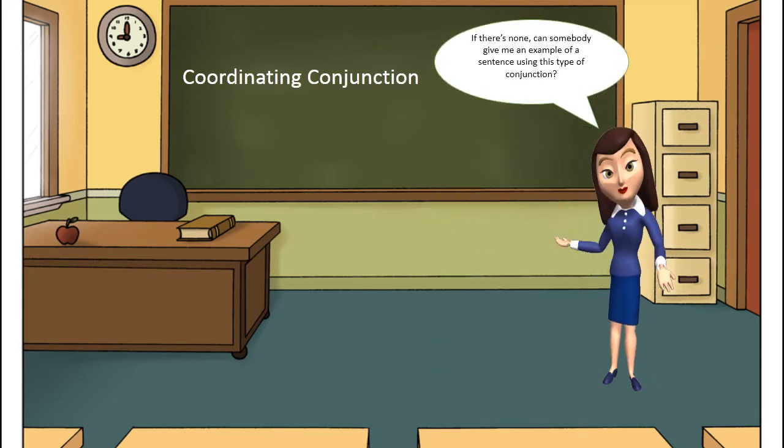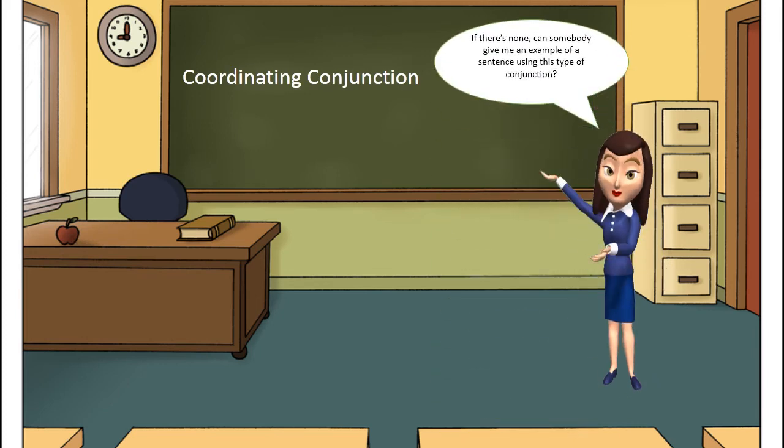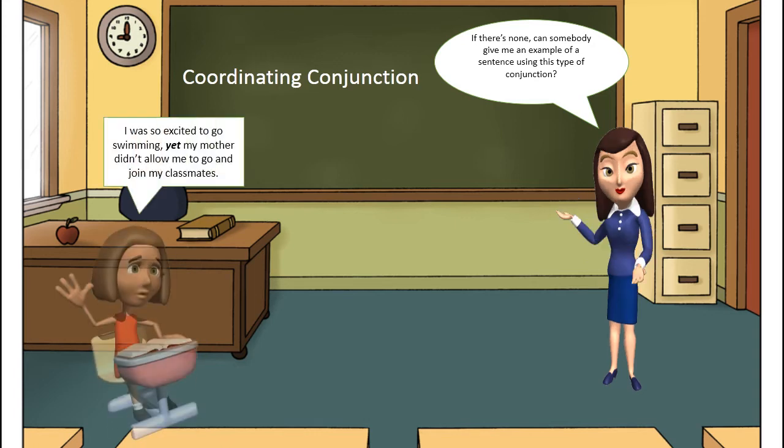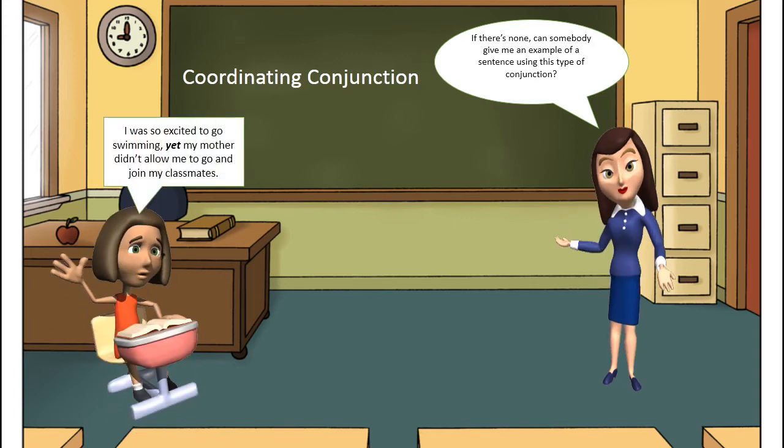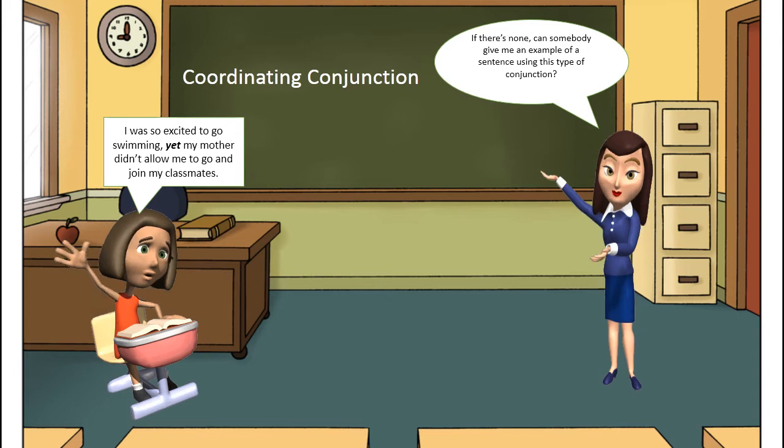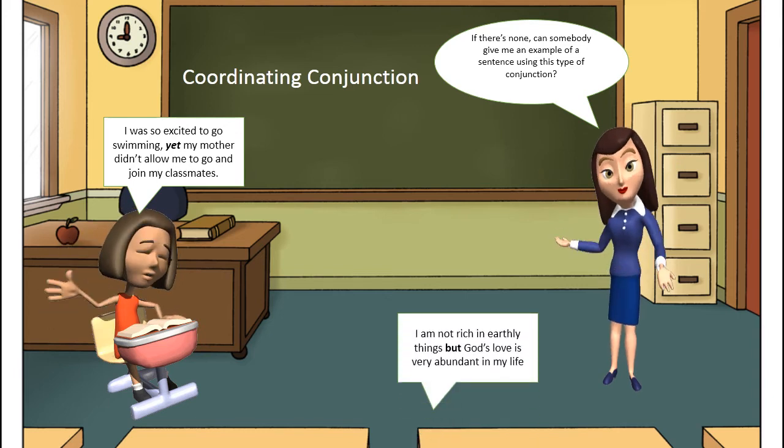If there's none, can somebody give me an example of a sentence using this type of conjunction? I was so excited to go swimming, yet my mother didn't allow me to go and join my classmates. I am rich in earthly things, but God's love is very abundant in my life.